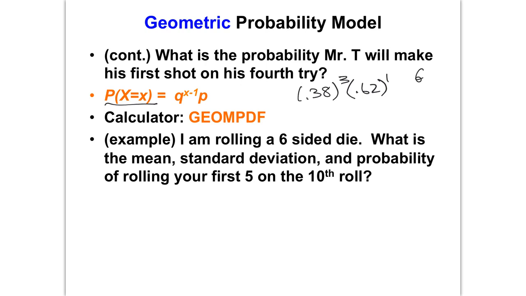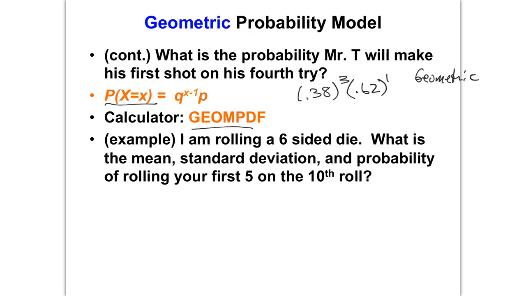This is geometric probability. So anytime you hear a probability where what is the probability of your first success coming on your nth try, that's geometric probability. Now, on your calculator, you can do this with the geom PDF function. I'll go through this in just a second later in the video.